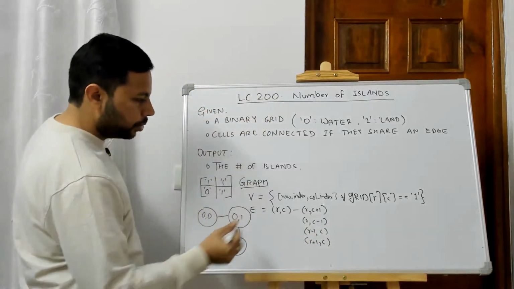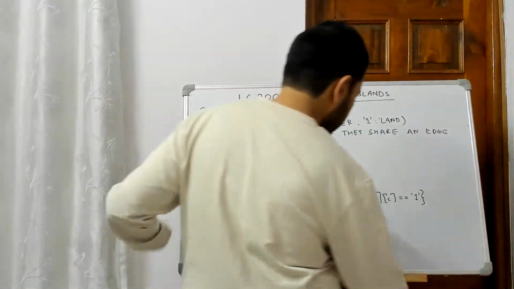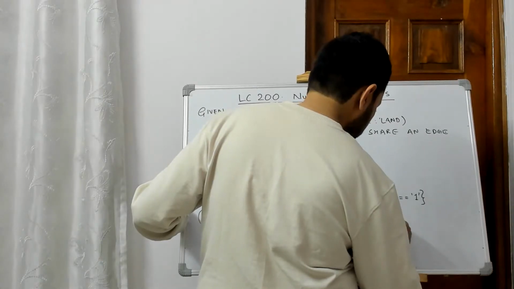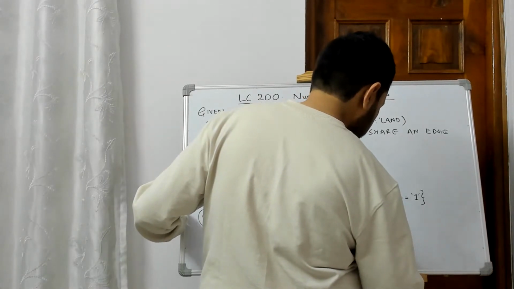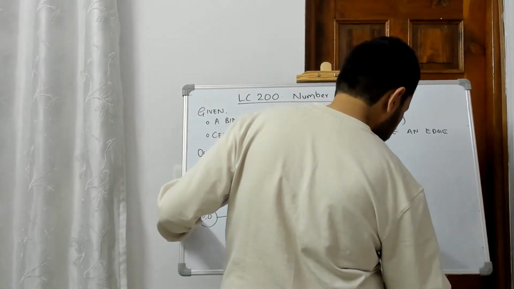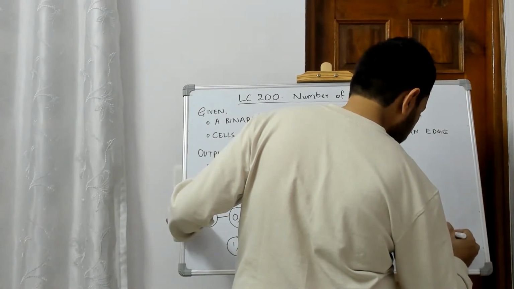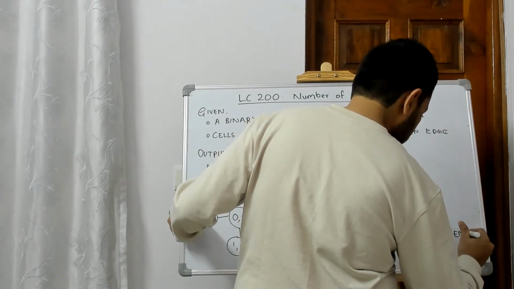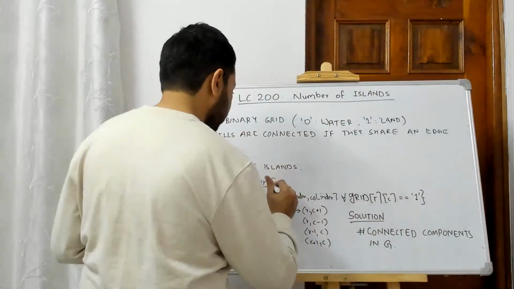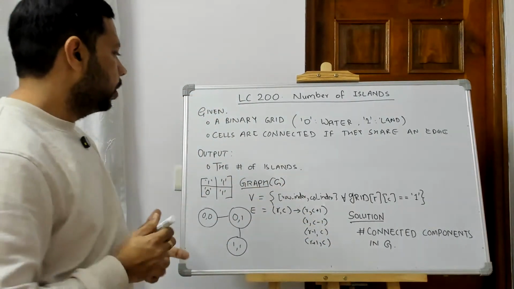So those are the 4 edges, and that's the vertex, and this is the graph. The solution is the number of connected components in G. So for graph G, the number of connected components in the graph will tell you the answer.